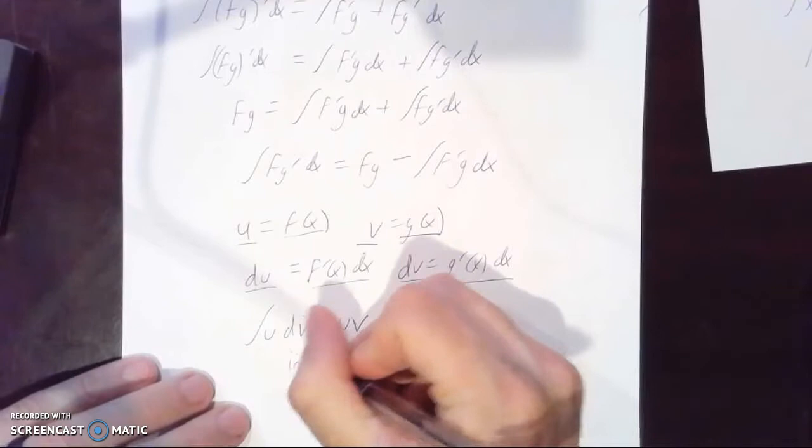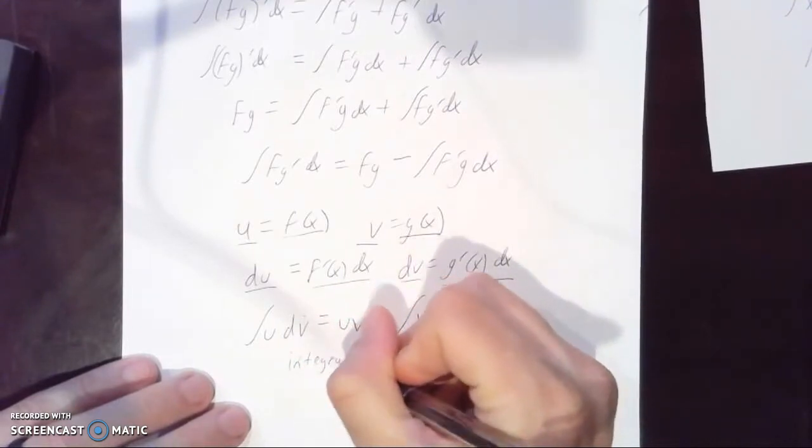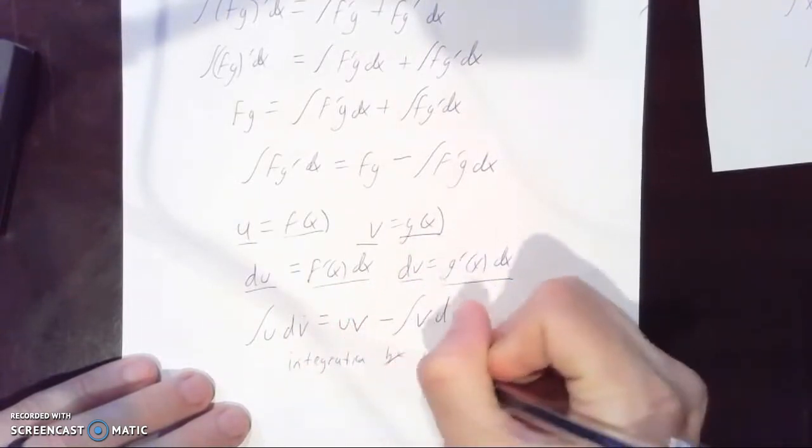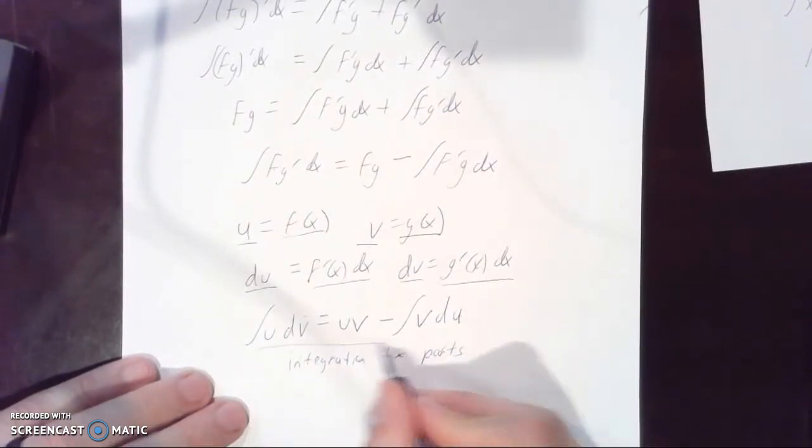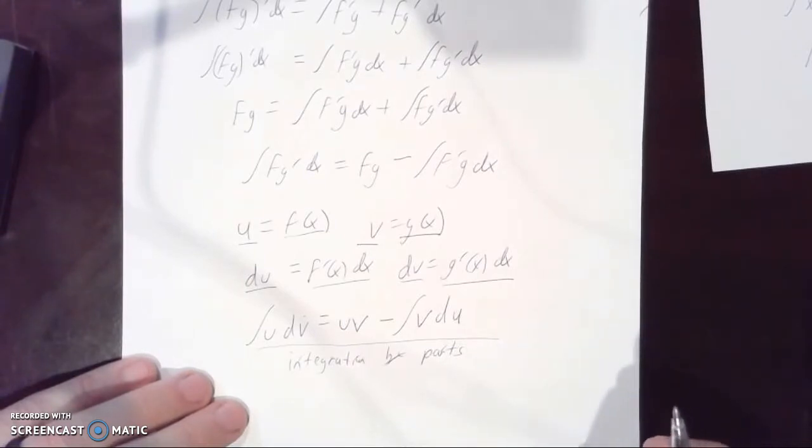This is our integration by parts formula. This is one of the things that you definitely need to know through the rest of this class and into the next class. This is a pretty important formula. This opens up a world of rather simple looking integrals that we simply could not do before.